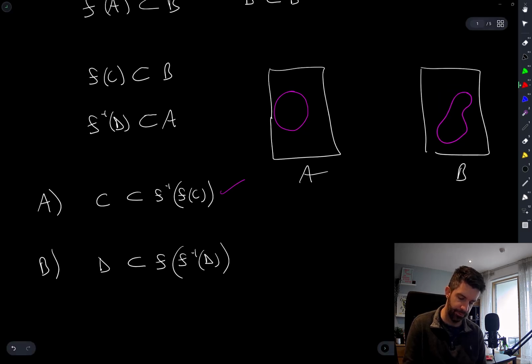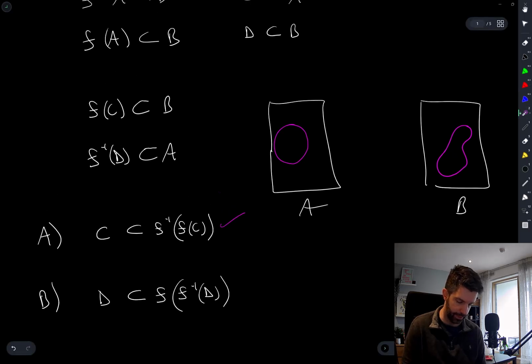I'm not going to write f inverse D just yet. So if I have something in C, oh, this one's wrong. Yeah, this one's wrong. Oops. If I have something in C, it gets mapped into this set, but when I pull that back, it's possible it could be somewhere else. My bad.